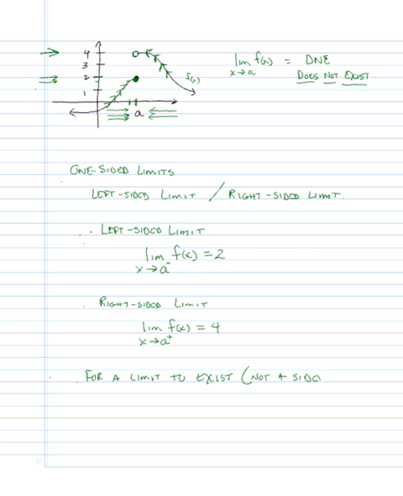For a limit to exist, then both the left-sided and right-sided limits must be the same value. And as you can see, that means we're getting close to the same number from both the right and left sides.